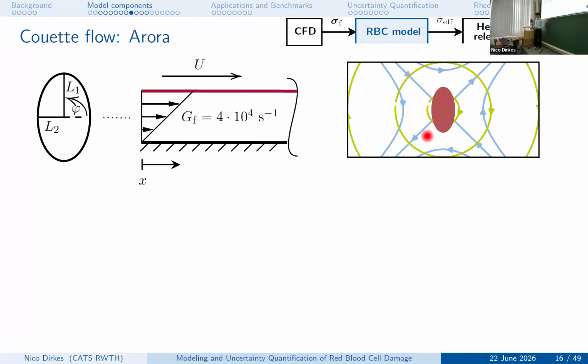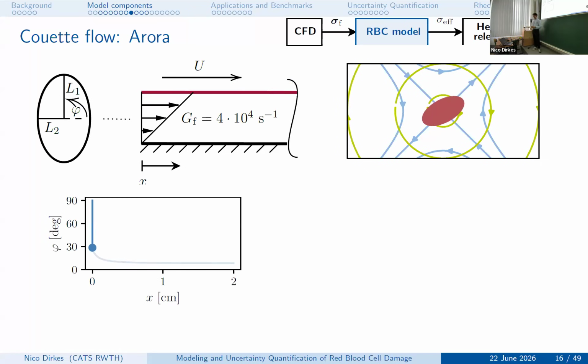Here's an example red blood cell, and we now move along with the cell in this frame, so we basically see the cell always at the center, so the frame is moving with the cell. And what happens is basically instantaneously, you can see very quickly the cell aligns to some state. So this initial state was just chosen arbitrarily as we introduced this. So this could be, for example, from a previous flow that the cell is coming from.